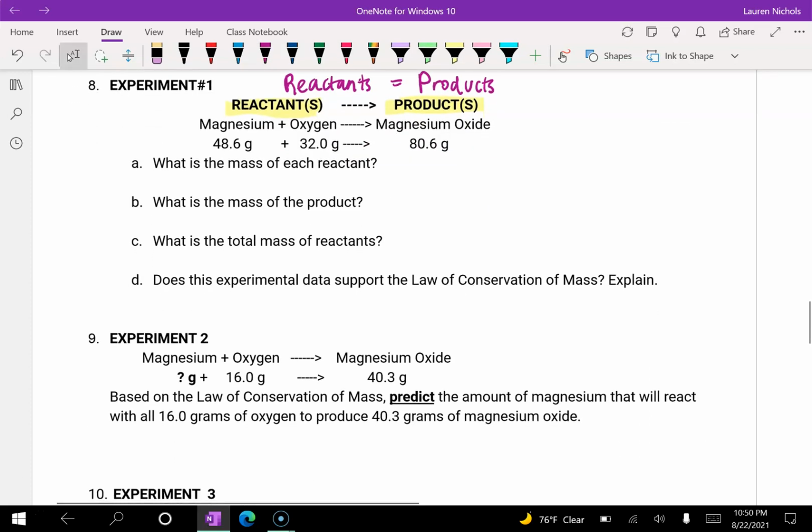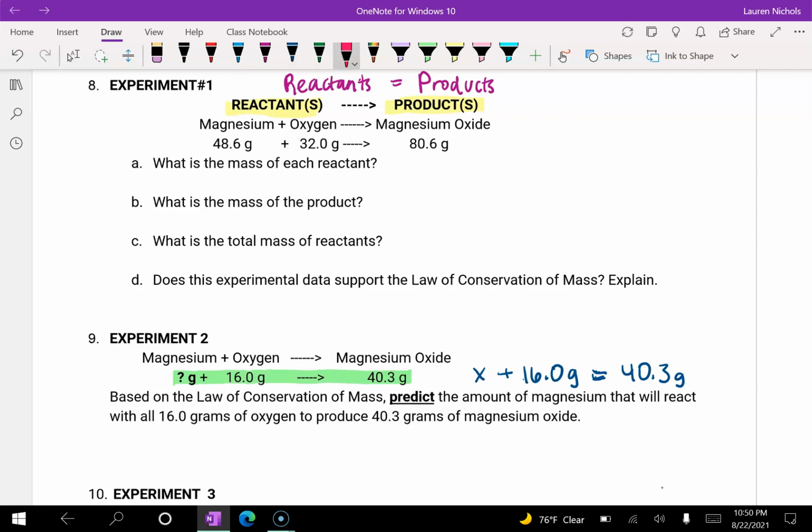So for example, in number 9, if you have this, you could almost turn it into a math equation. Your question mark can be X plus 16.0 grams equals 40.3 grams, because we know the left and the right side have to be equal to one another. So now you can solve for X.